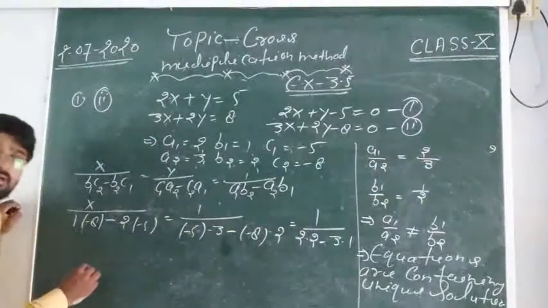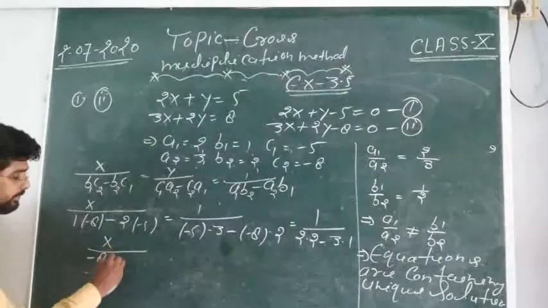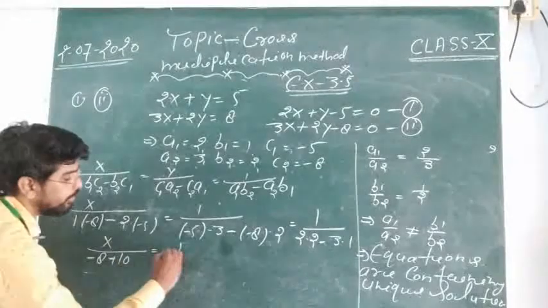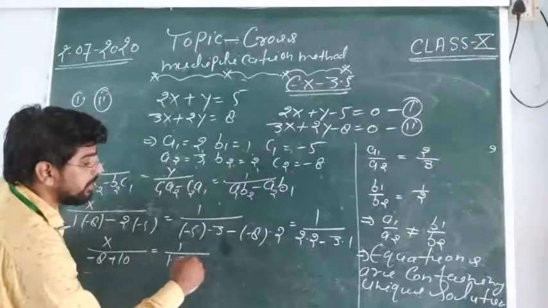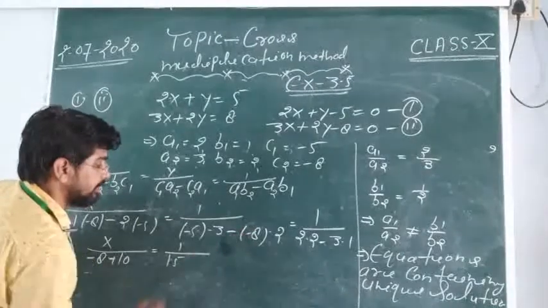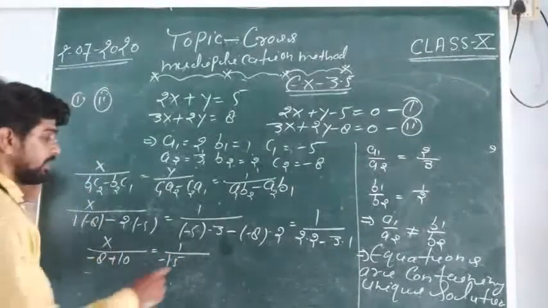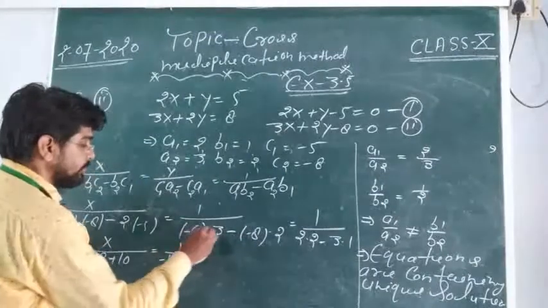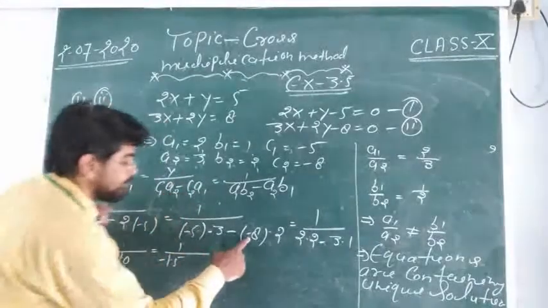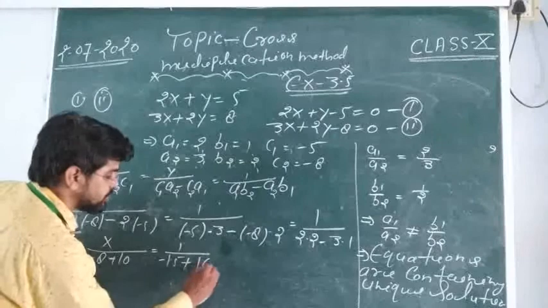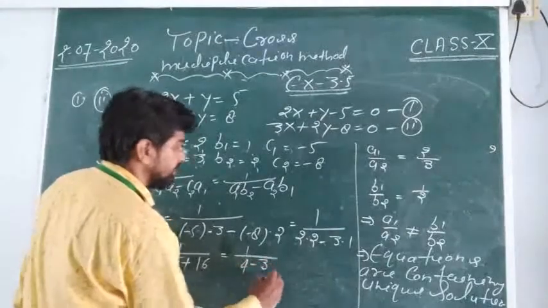Now student, solve it. x upon minus 8 plus 10 is equal to 1 upon, minus 5 into 3 is minus 15, plus 16, and the third is 4 minus 3, which is 1.